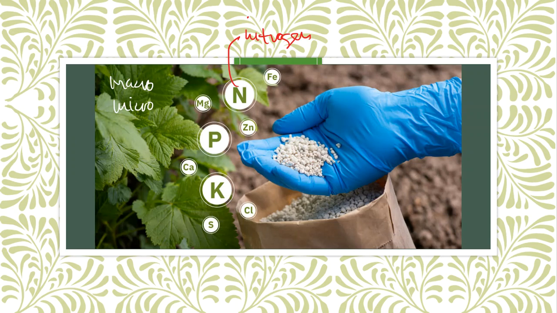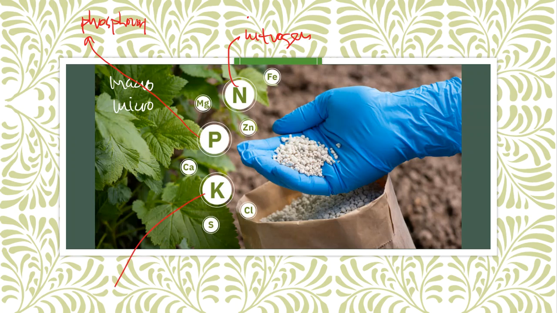The P is going to stand for P on the periodic table, and that's going to be phosphorus. So phosphorus is another element that is blended inside of a fertilizer sample, again as a multivitamin in a way for these plants to grow and to flourish, and that's what this is all about.